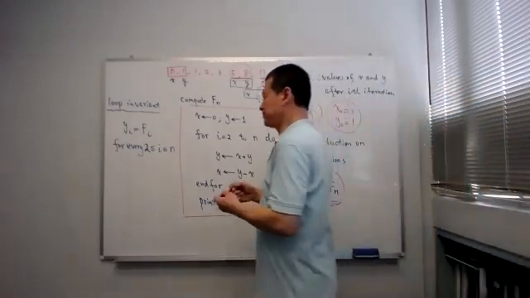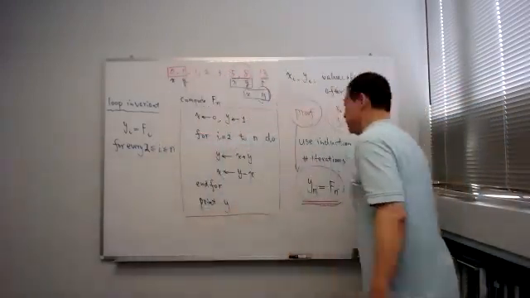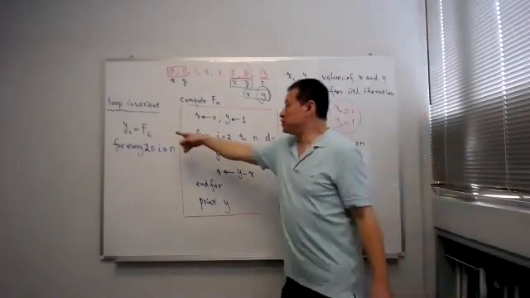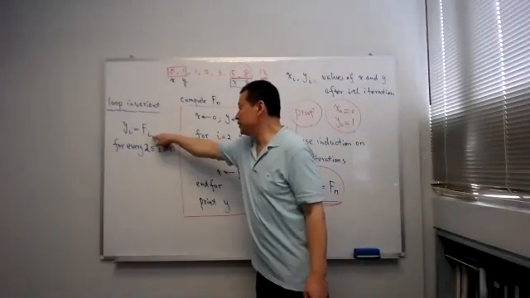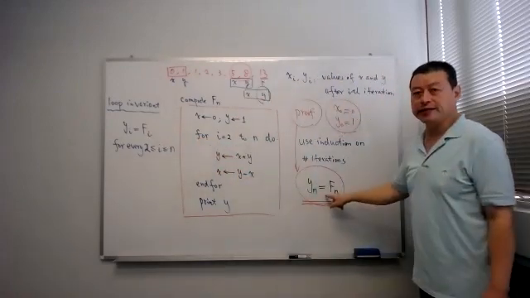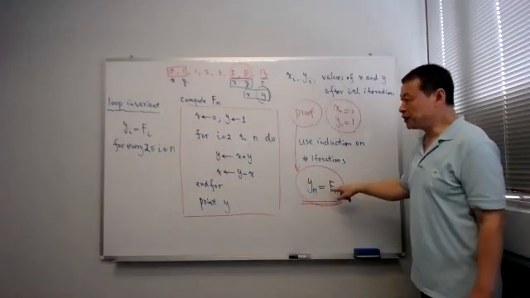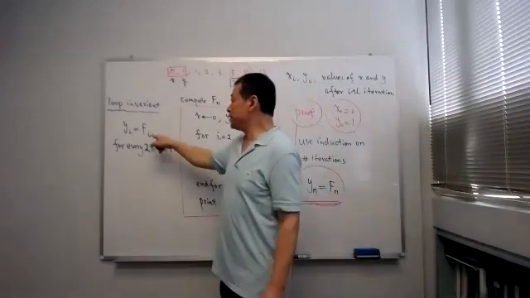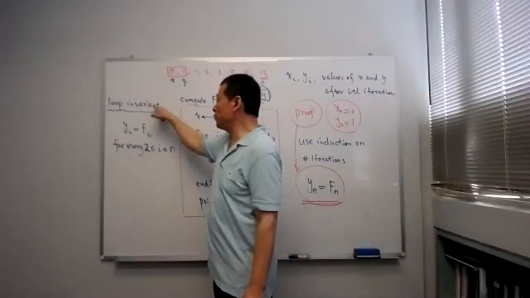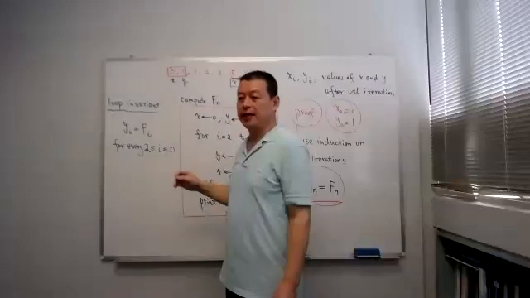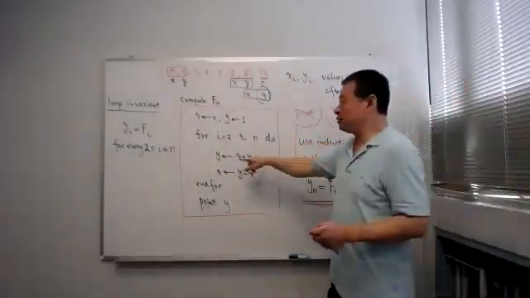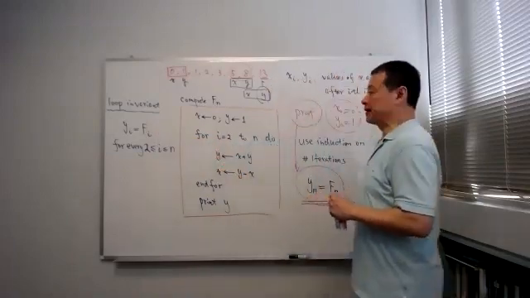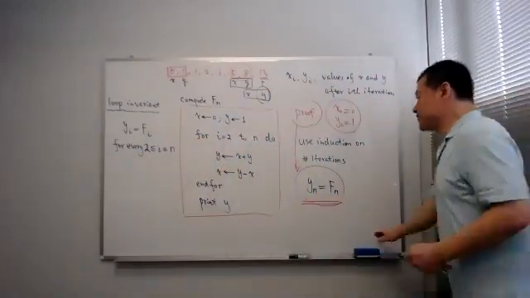Now if this one is true, then when i equals n, this one will give us this, which is what we want to prove. But in order to prove that, we prove this statement. This is called a loop invariant, or just invariant. Invariant means something that does not change. Regardless of where we are in the algorithm, this one always holds.